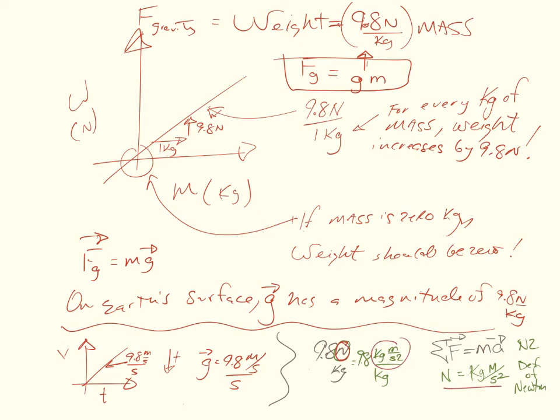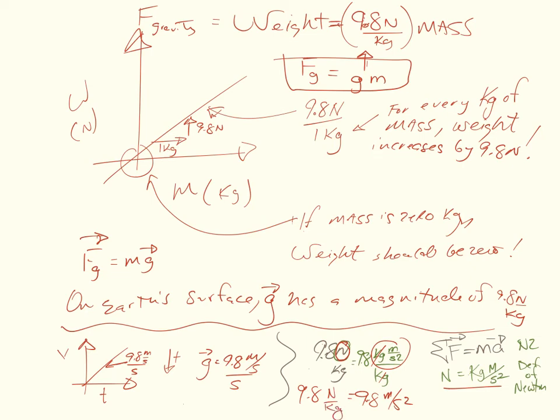What do you see I get as my units? When the kilograms cancel, I get 9.8 meters per second squared, which is exactly the same thing as 9.8 newtons per kilogram.